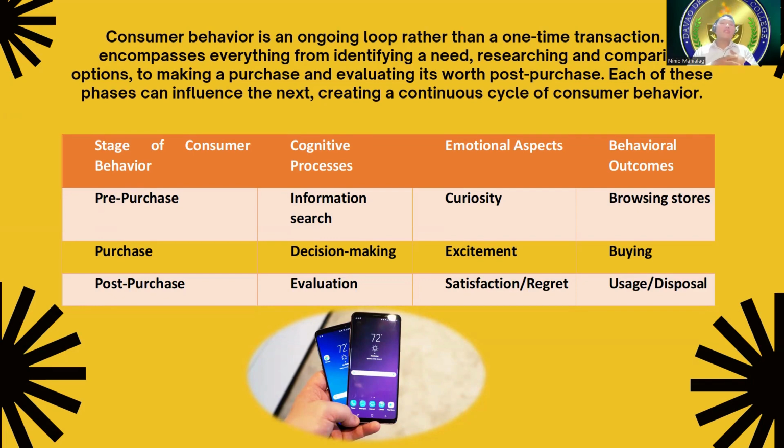So this is how consumer behavior works according to its stages. This is the discussion for today: the difference between the customer and the consumer, as well as other definitions of consumer behavior and its stages.